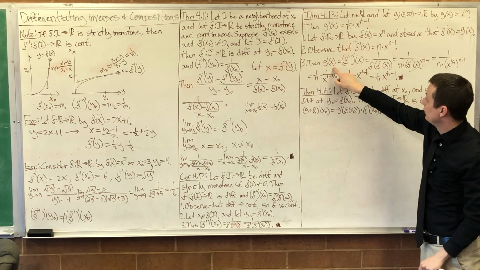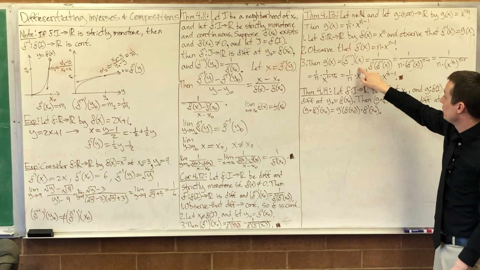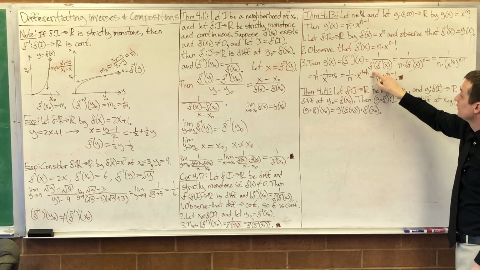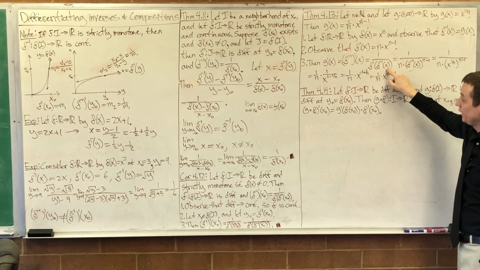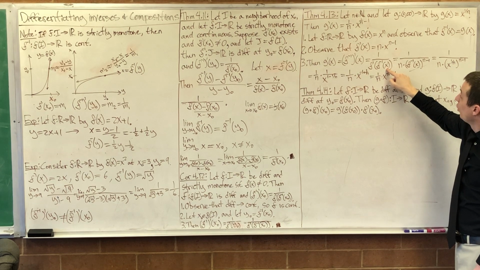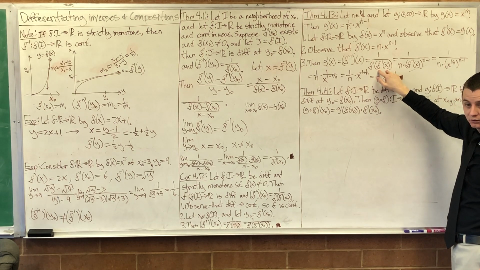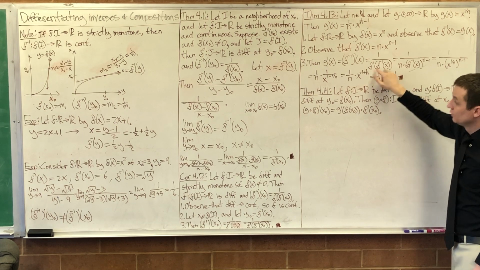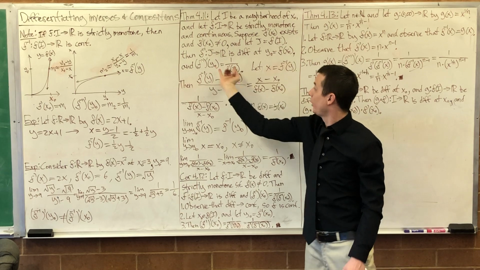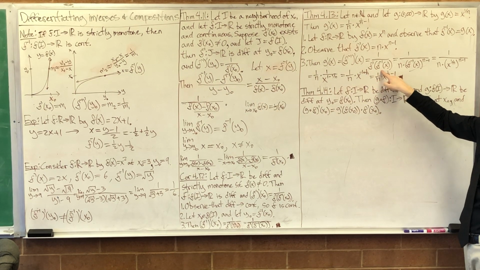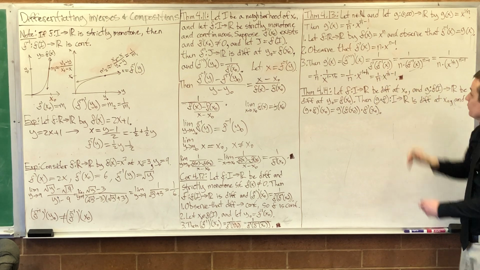So g prime of x is the same thing as f inverse prime of x, which now using that corollary we know is f prime of f inverse of x, or f prime of the y associated with x. Not swapping the variable names, but same thing. Don't get confused, this is just giving me the y that went to that x.